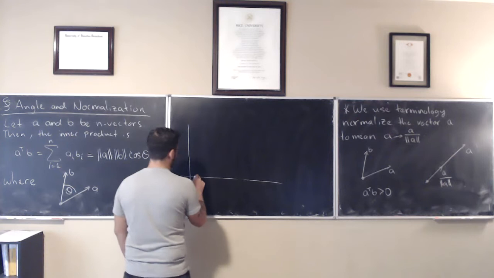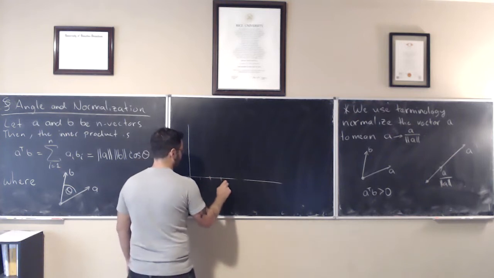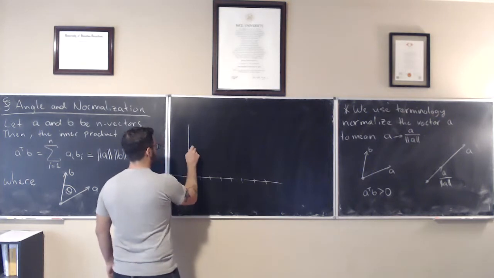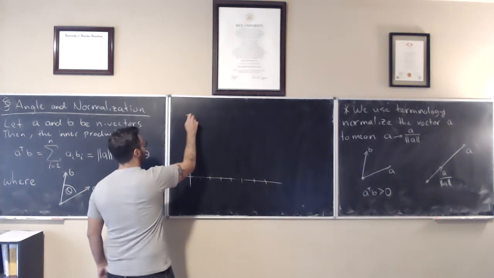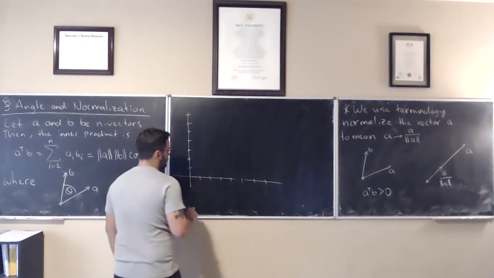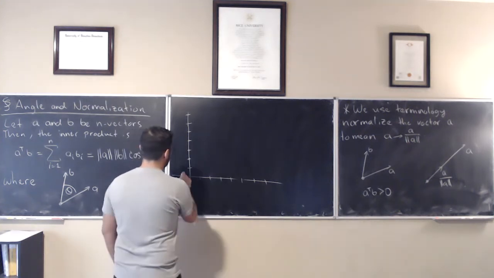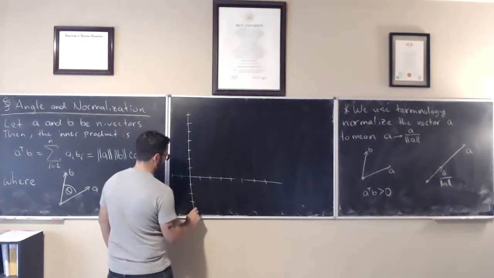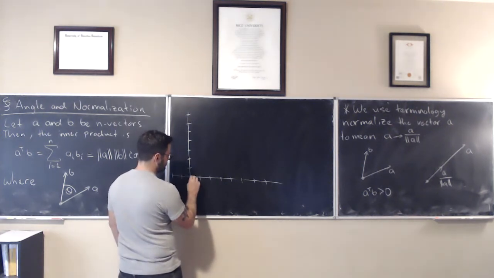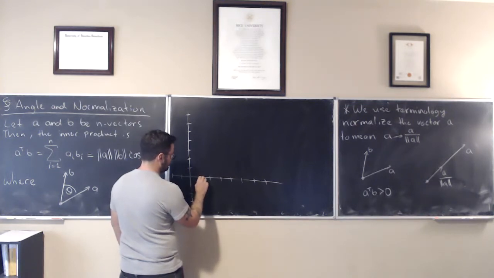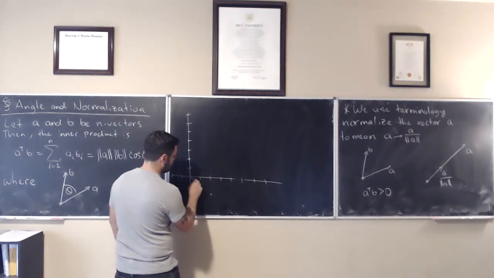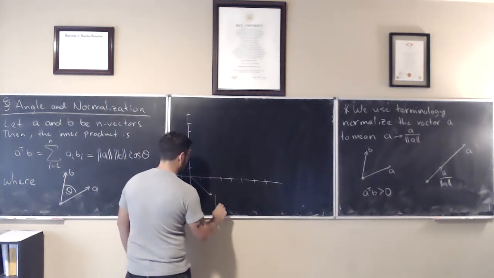So suppose we have an axis going 4, 5, 6, 7, 1, 2, 4. Let's make A maybe like there. So this is -2, -2.